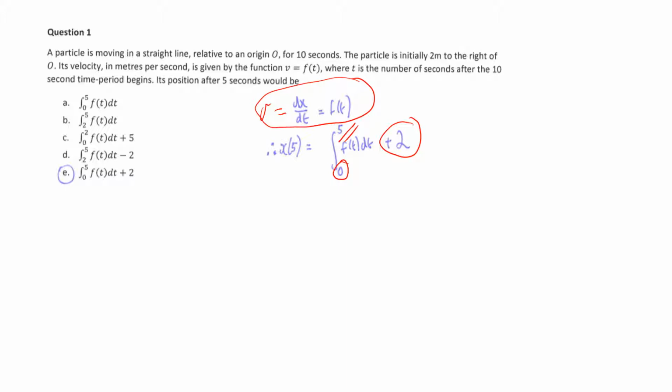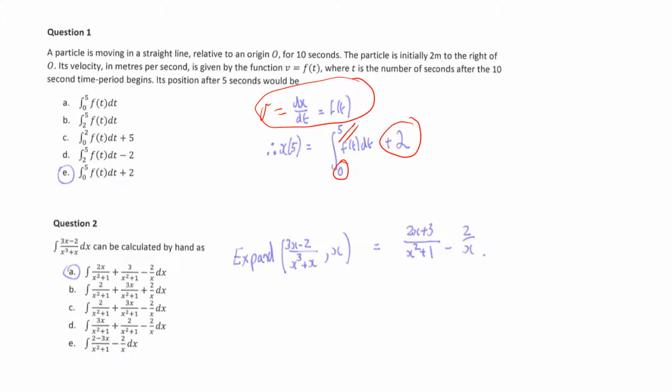We had to work out its position at t equals 5, and there's the use of the definite integral to achieve that. Okay, moving on to the second one, you had to work out an expression for the antiderivative of that rational fraction. Rational fraction, immediately you should be thinking about partial fractions, and so what you can see there is the attempt to express the given rational fraction as a sum of partial fractions.